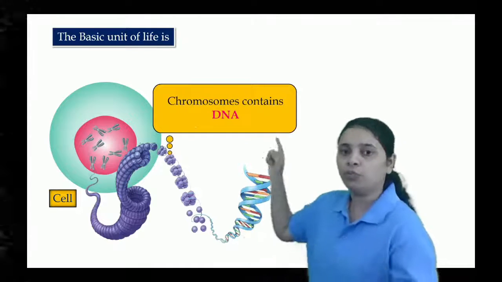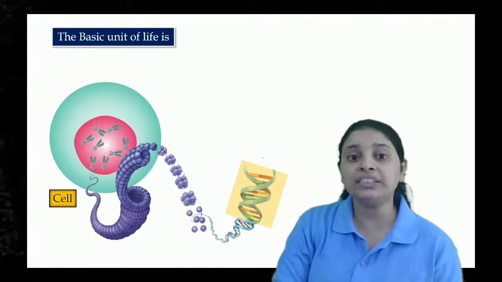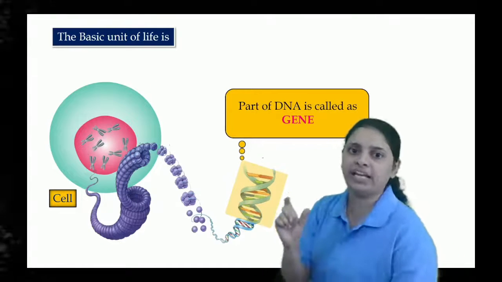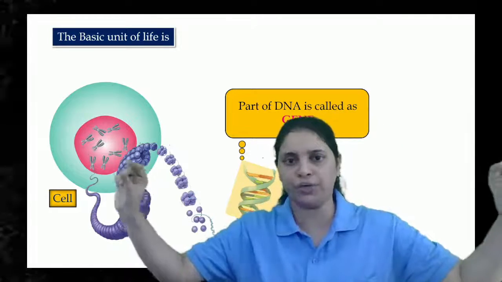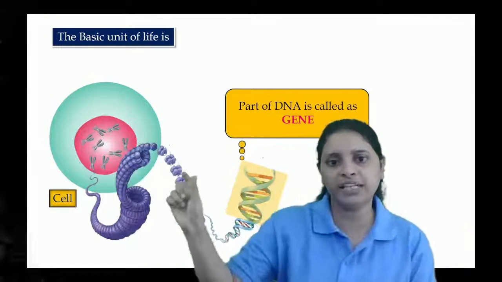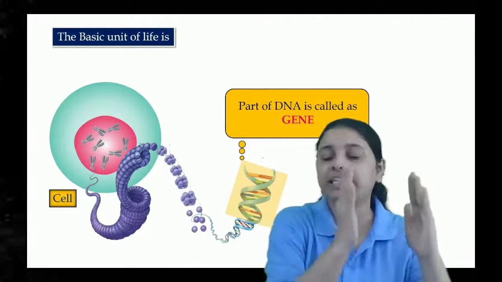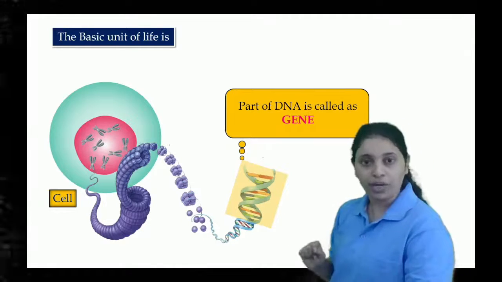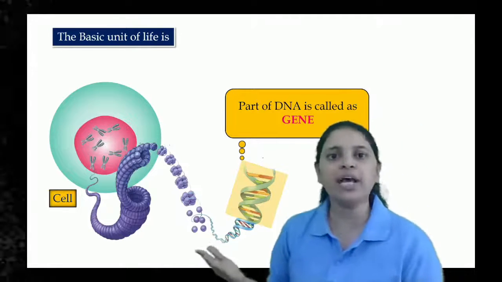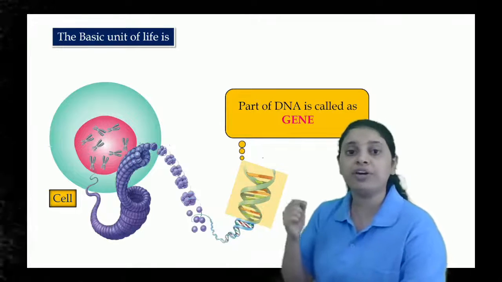अब देखो chromosomes में DNA है, ये तो हमने देख लिया. Specific segments of DNA are called genes. See, DNA is a very long molecule. Specific segments of this DNA will have specific information. These specific segments of DNA are called genes. Okay, so genes control our characteristics. Every specific gene will have a specific function.